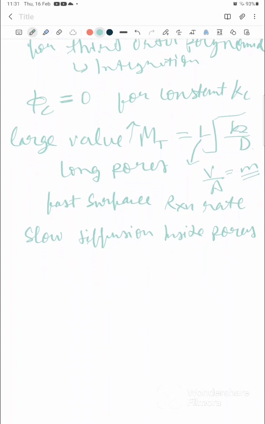As we directly see, the Thiele modulus is greater, so k should be greater, so k is related to reaction rate. So fast surface reaction rate, slow diffusion rate. Low pore diffusion rate. Okay.